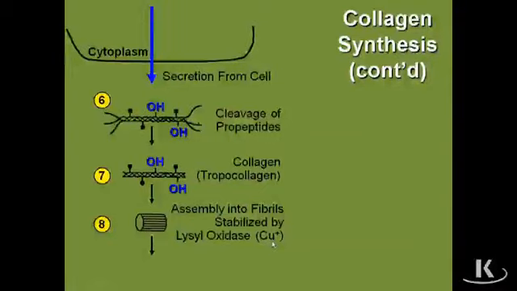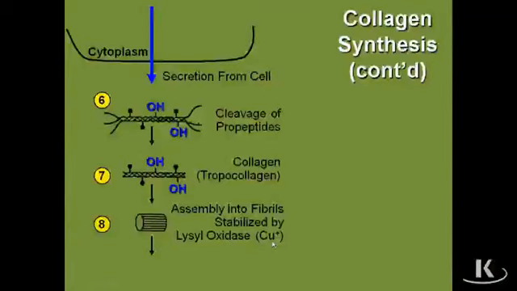Do you remember the name of the disease when there's a problem in getting copper into the proper place? Okay? This disease isn't a defect in lysyl oxidase. It's a defect in getting the copper to where it's needed for lysyl oxidase activity. Well, there's a couple of copper diseases, but the one that causes the most problem with collagen is Menkes disease. We'll review that in just a second. Menkes disease.